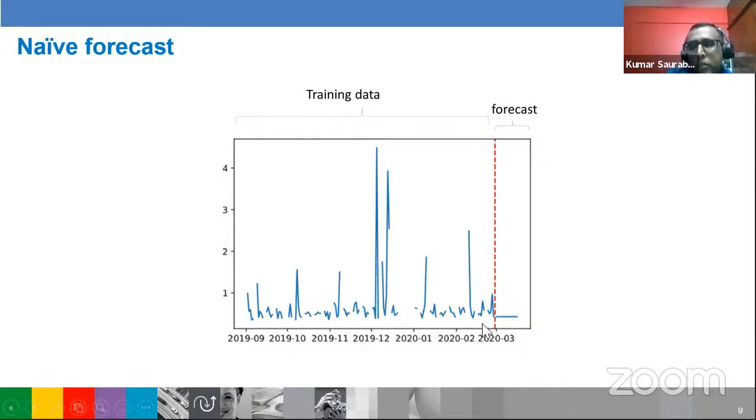There's no computation involved. It just copies the last value forward. So for next week, the last observed value was maybe 0.4 seconds, so whenever this particular job runs, I say it would take maybe 0.4 seconds. Accuracy-wise this will take a hit, but it is quite fast.